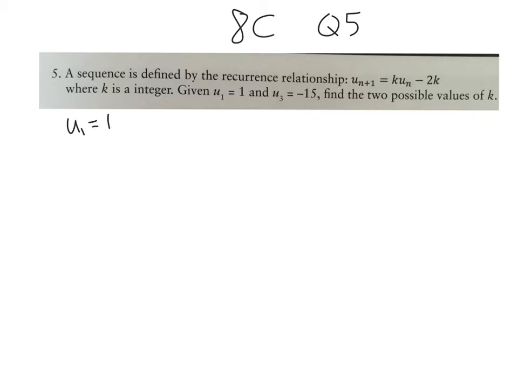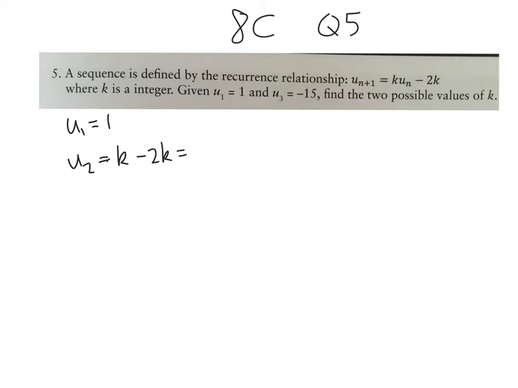u1 is 1. u2 would be k multiplied by u1, but u1 is 1, so just k, and then minus 2k.